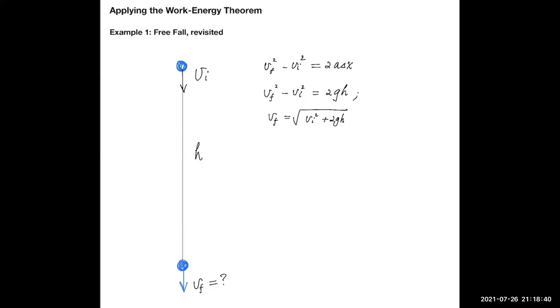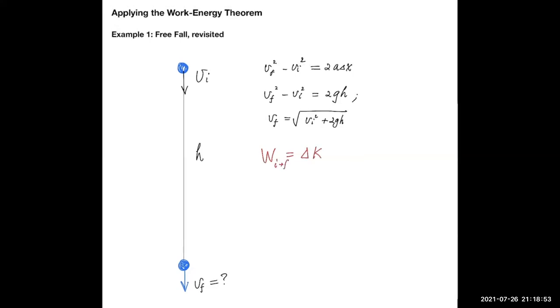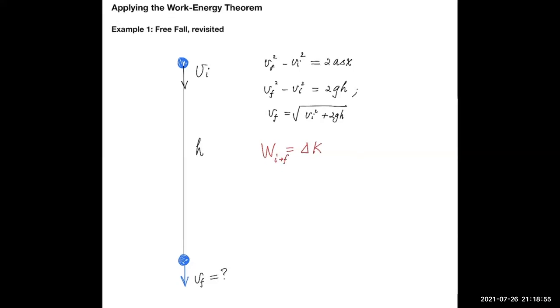W equals delta k. W from initial to final. Now, in this case, the only force that powers the motion is gravity, and we only have to consider work done by gravity. We have already learned how to do that.